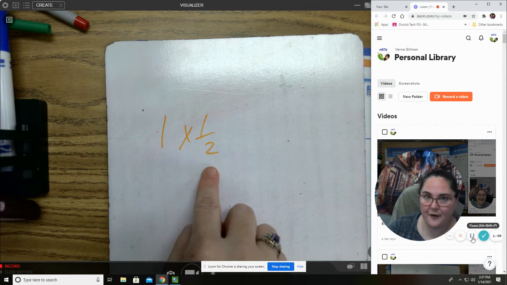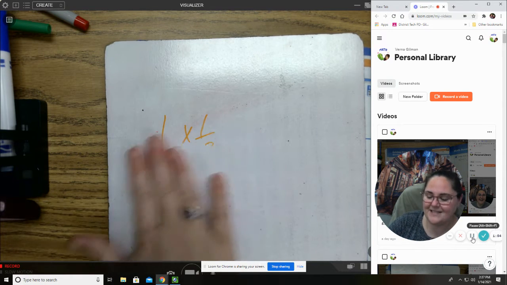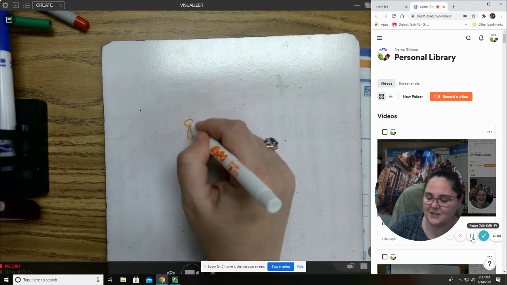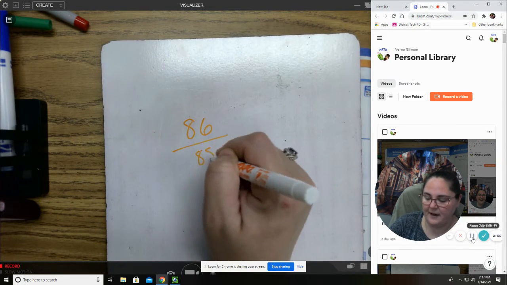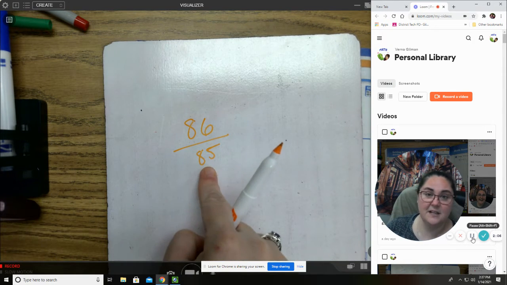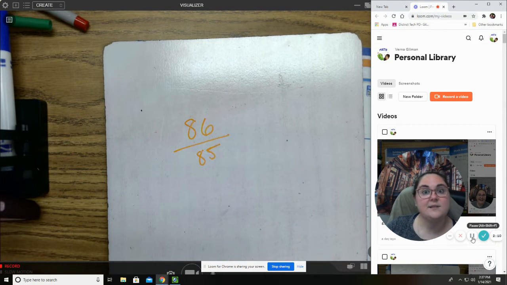So a fraction, most of them are smaller than 1. Sometimes you might get an improper fraction like 86 over 85. If I multiply by that, my answer will be slightly bigger because this fraction is a little bit bigger than 1. So that's one of the things that we're going to practice today.